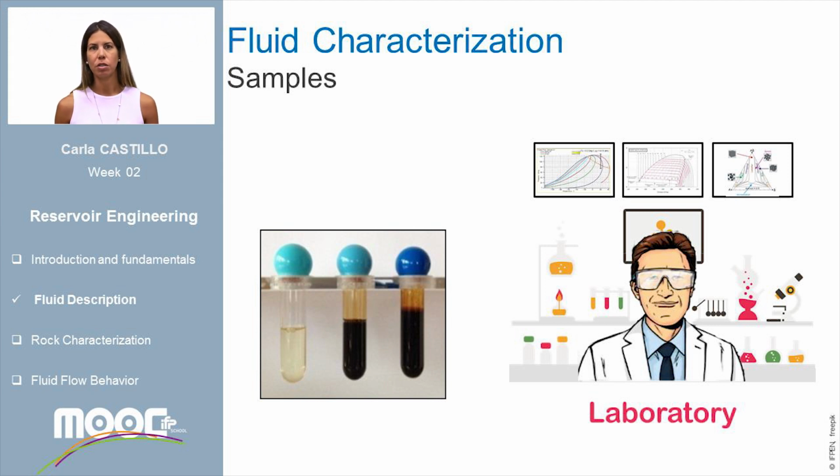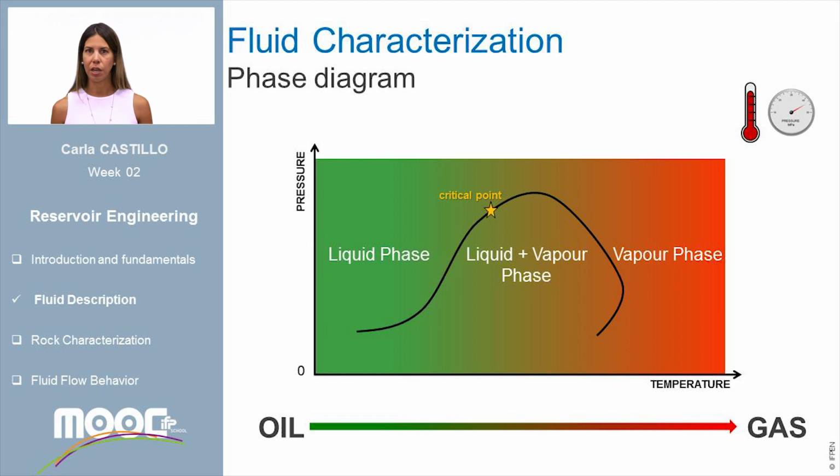Properties such as viscosity, density, and specific gravity are defined as well. The phase diagram is defined through a pressure versus temperature plot, better known as the phase envelope. This envelope describes the behavior of the fluid at different reservoir pressure and temperature conditions.